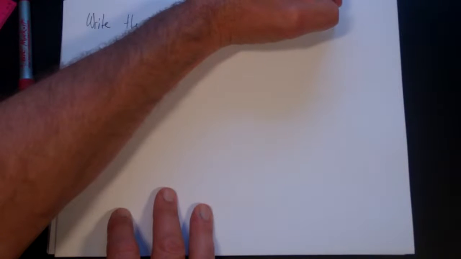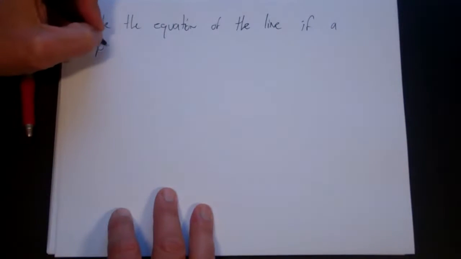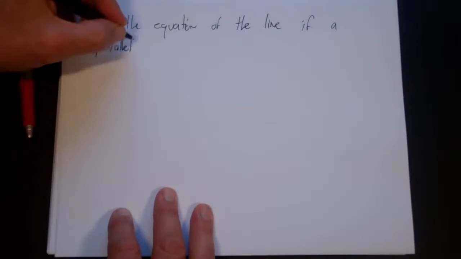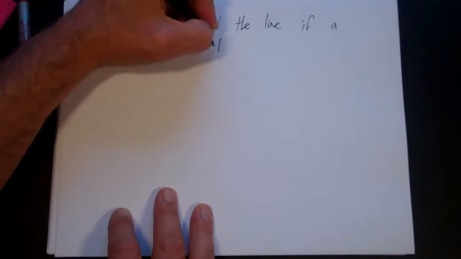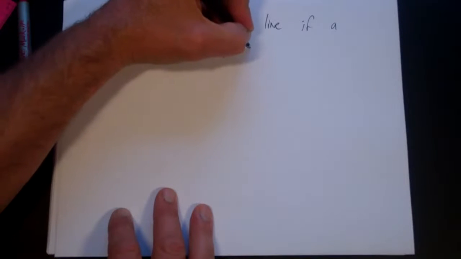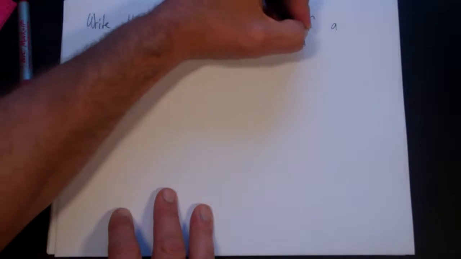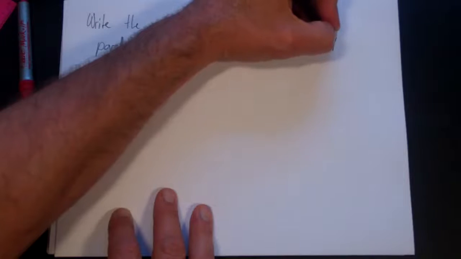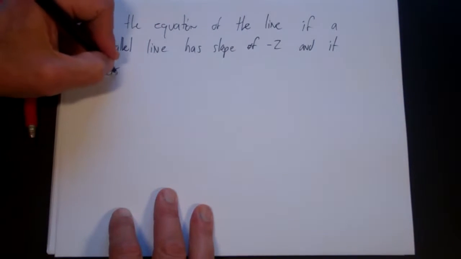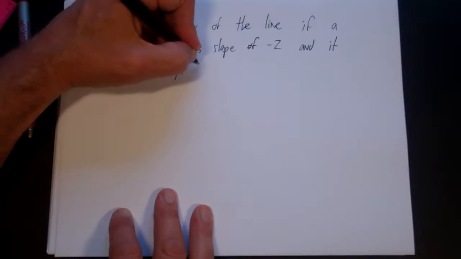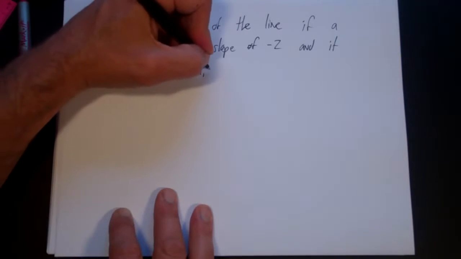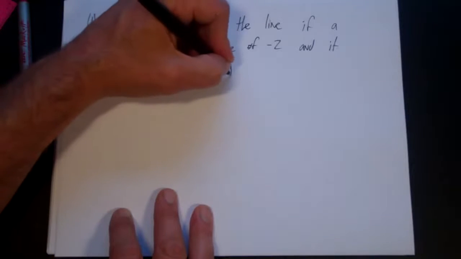If a parallel line has slope of minus 2 and it passes through the point 4, minus 8.